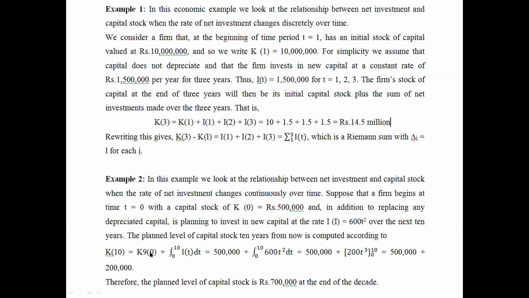So K10 is equal to K0 plus, see, we are starting at 0 and the end period is 10, the integral of I(t). I(t) is given over here, so we simply have to integrate this. So this is the definite integral from 0 to 10. So this is 2 lakhs. So the total capital stock at the end of 10 years is 7 lakhs and the increase in capital is this 2 lakhs.